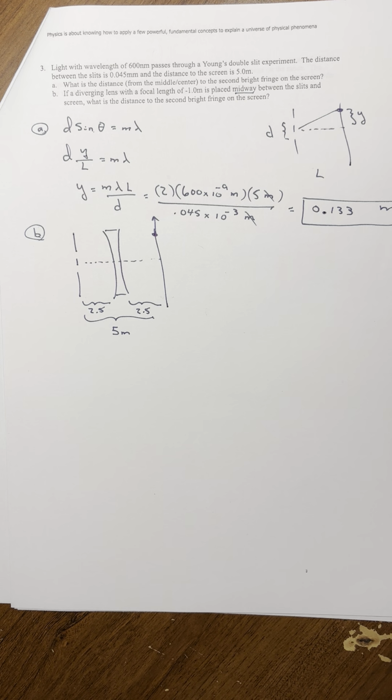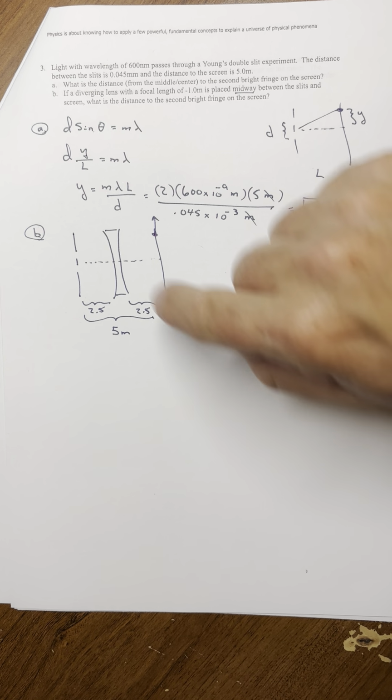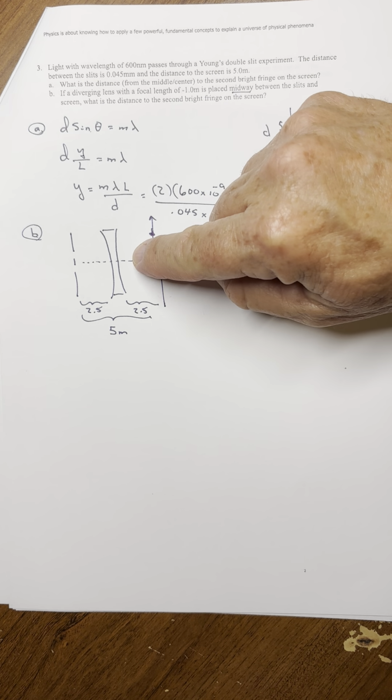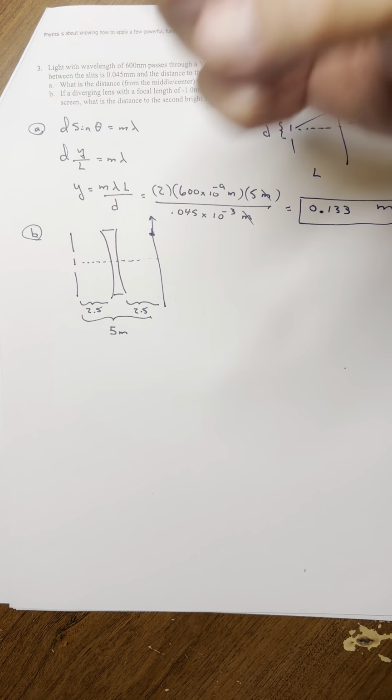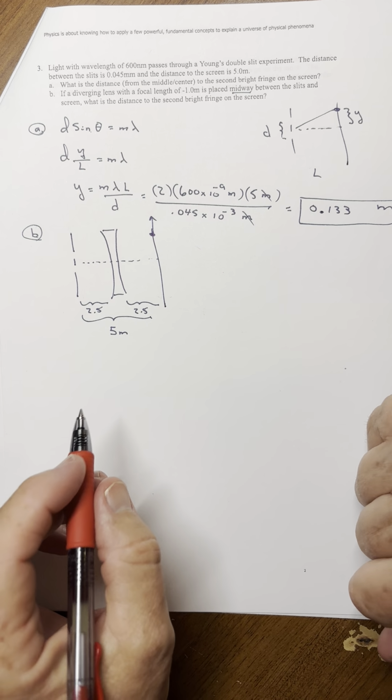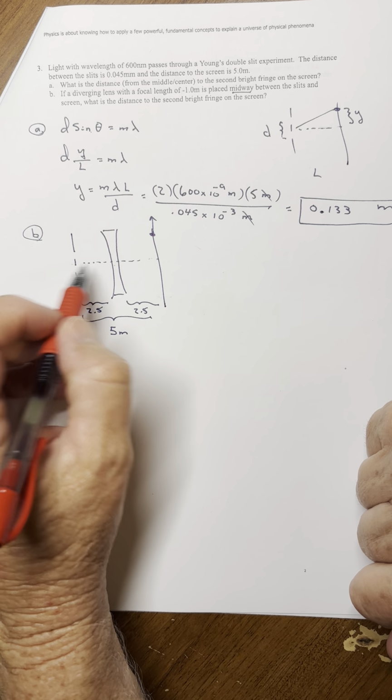Then we're going to get an image. If you remember our setup for the diverging lens, we said the diverging lens is the same as the diverging mirror, the convex mirror. So the concave lens and the convex mirror behave the same. And if you remember, the convex or diverging mirror, as well as the diverging lens, always made an image that was virtual.